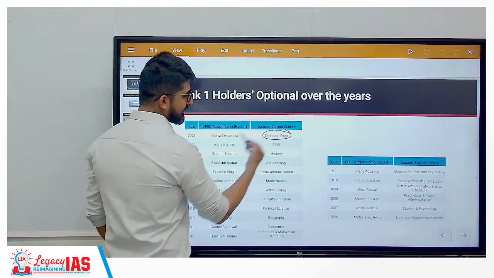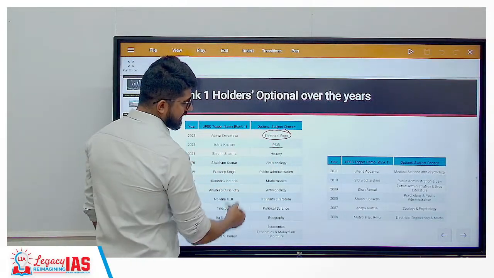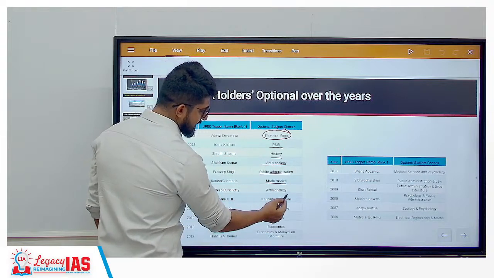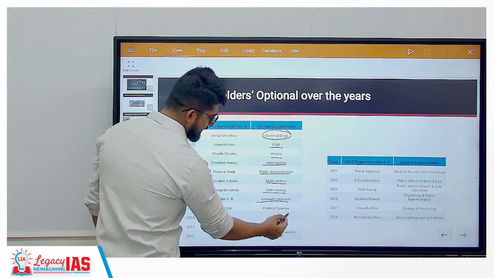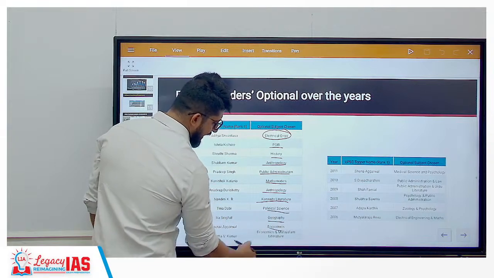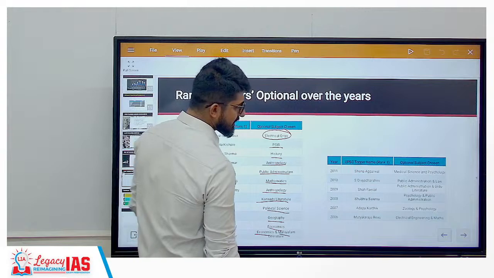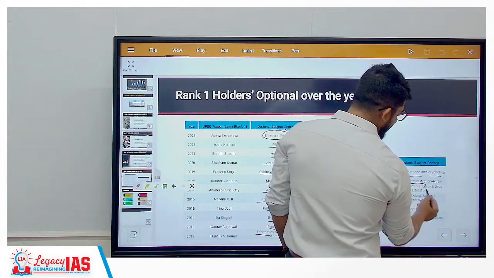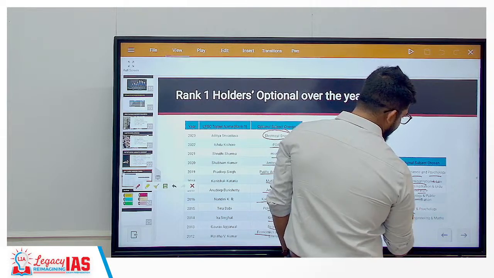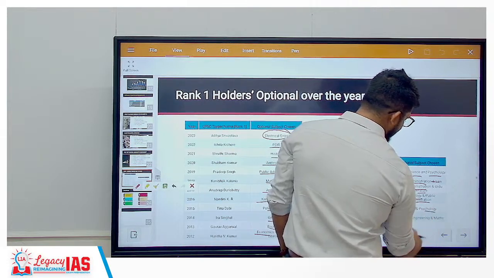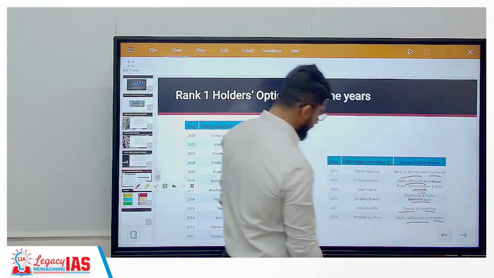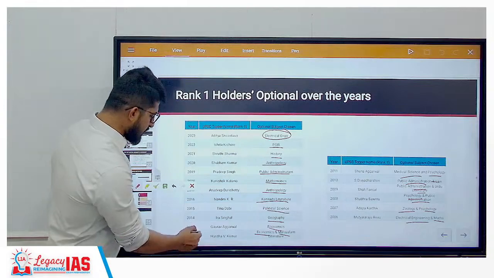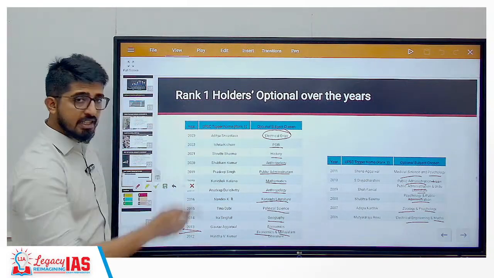Electrical engineering, PSIR, history, anthropology, public administration, mathematics, anthropology, Kannada literature, political science, geography, economics and Malayalam literature, medical science, psychology, public administration, law, public administration, Urdu, psychology, public administration, zoology, psychology, electrical engineering, maths. This is from 2006 onwards. You had 2 optionals till almost 2012. From 2013, it is only 1 optional.